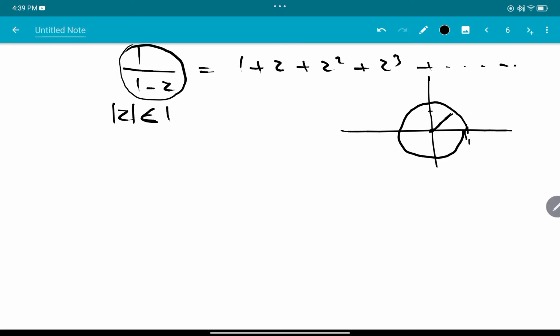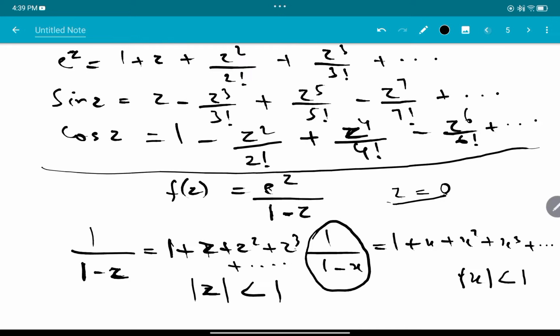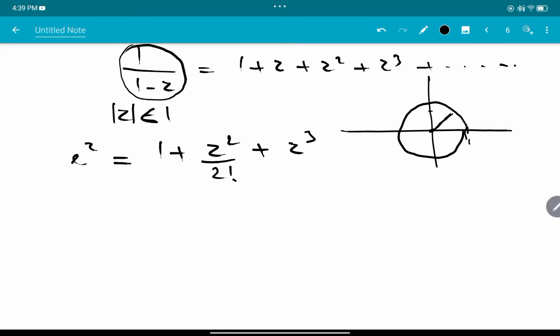And if we expand e raised to z, that is equal to 1 plus z plus z square by 2 factorial plus z cube by 3 factorial plus dot dot dot.